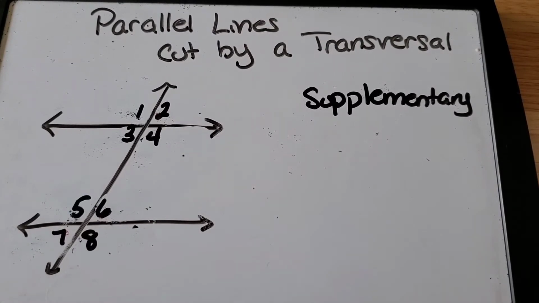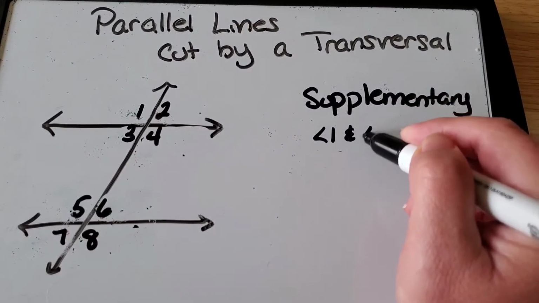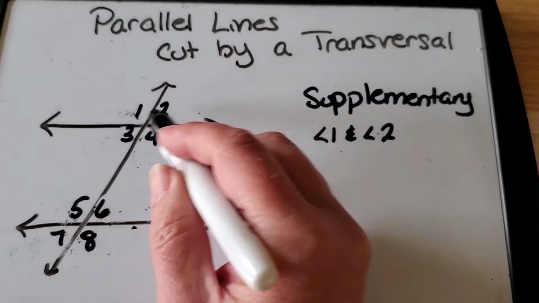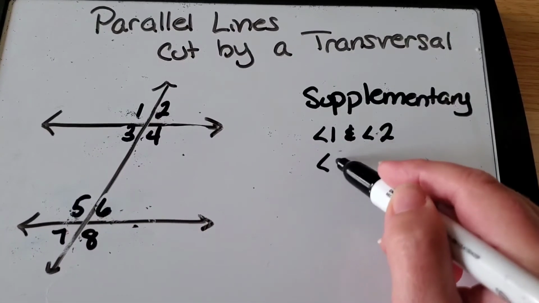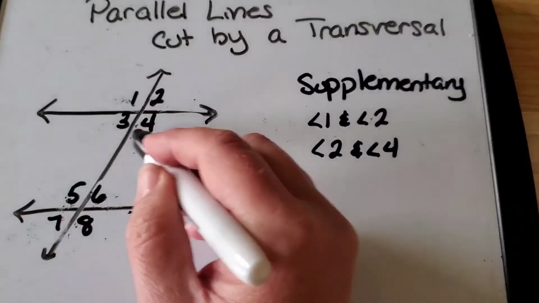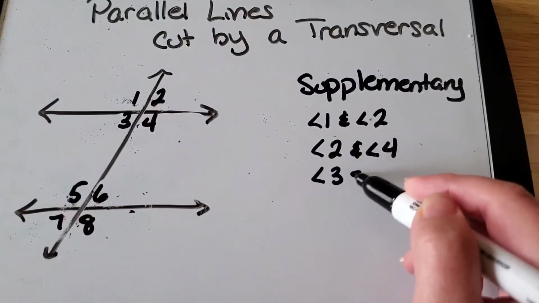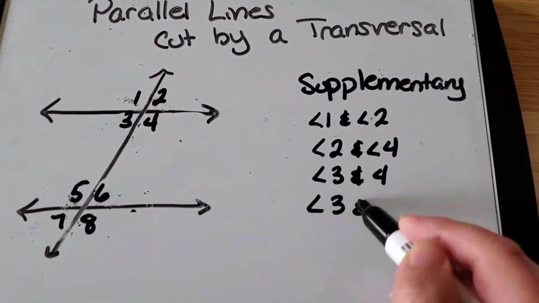But the most common ones would be angles 1 and 2. They would add up to be 180 degrees because they're on that straight line. So would angles 2 and 4. So would angles 3 and 4. And so would angles 3 and 1.